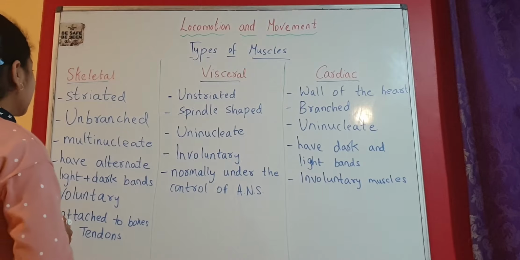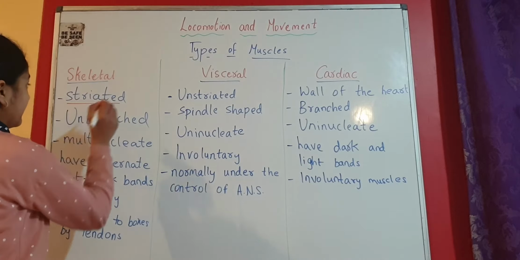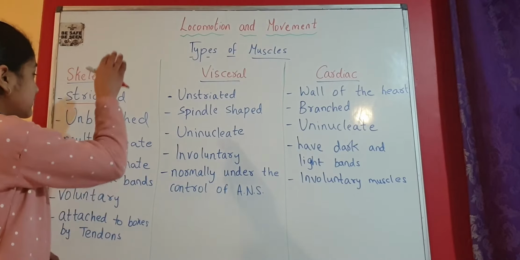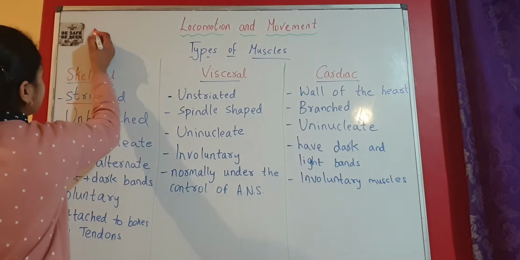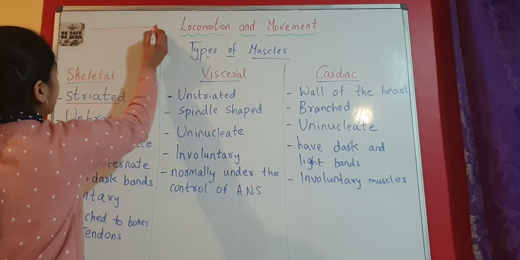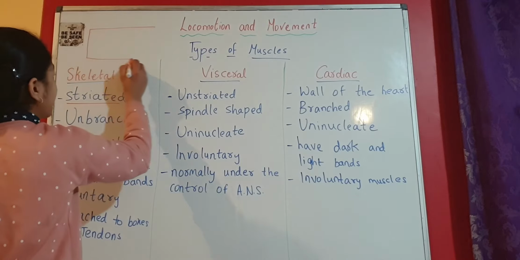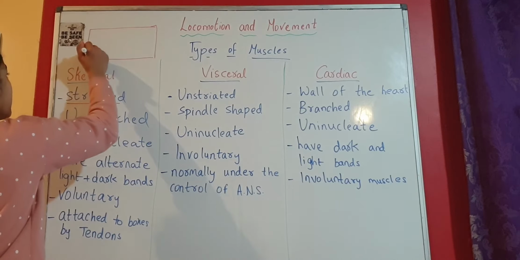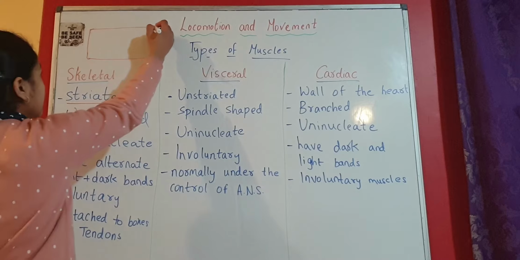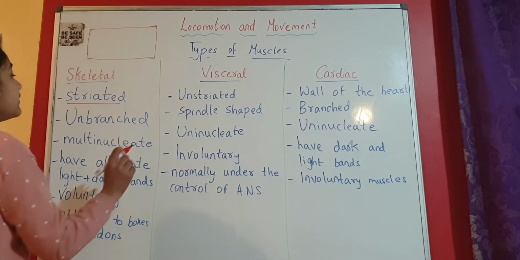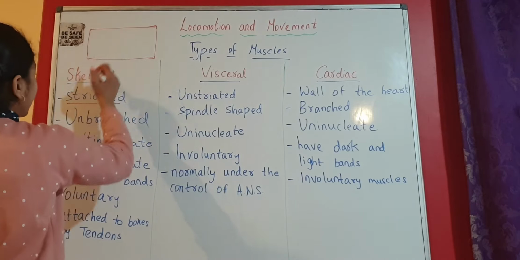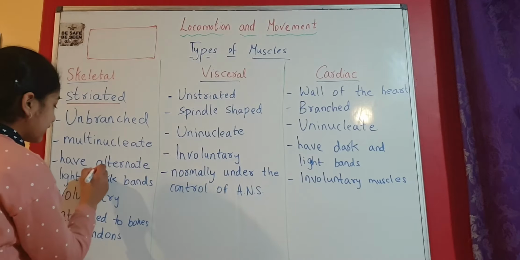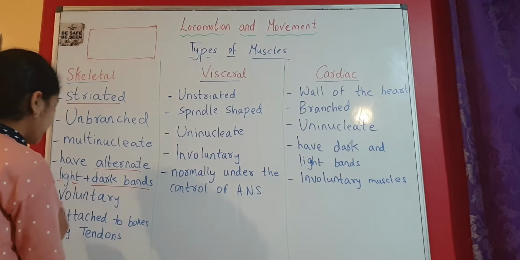So skeletal muscles, they are striated. That means they have some stripes on the cell. So let's say this is a skeletal muscle. If this is a skeletal muscle, it has light and dark bands. So that's what we've written here. They have alternate light and dark bands.